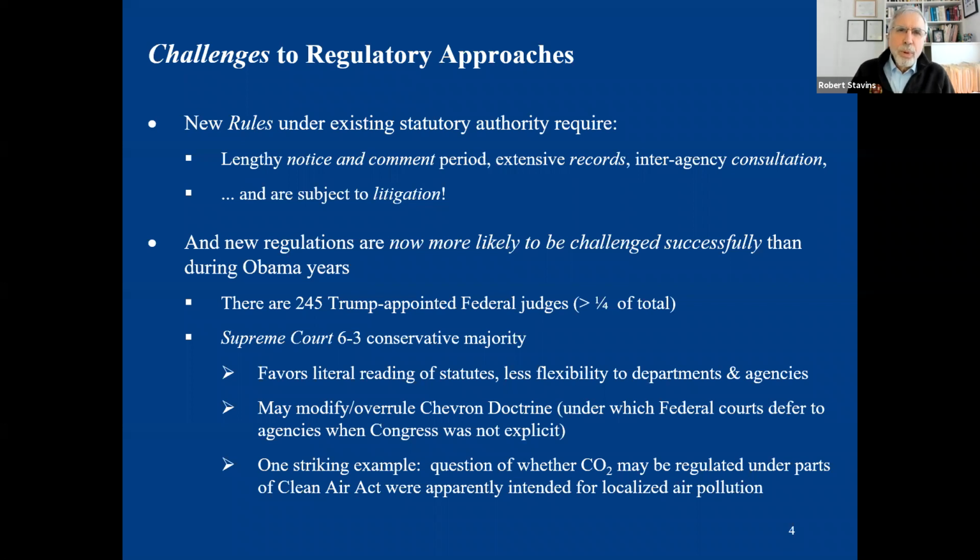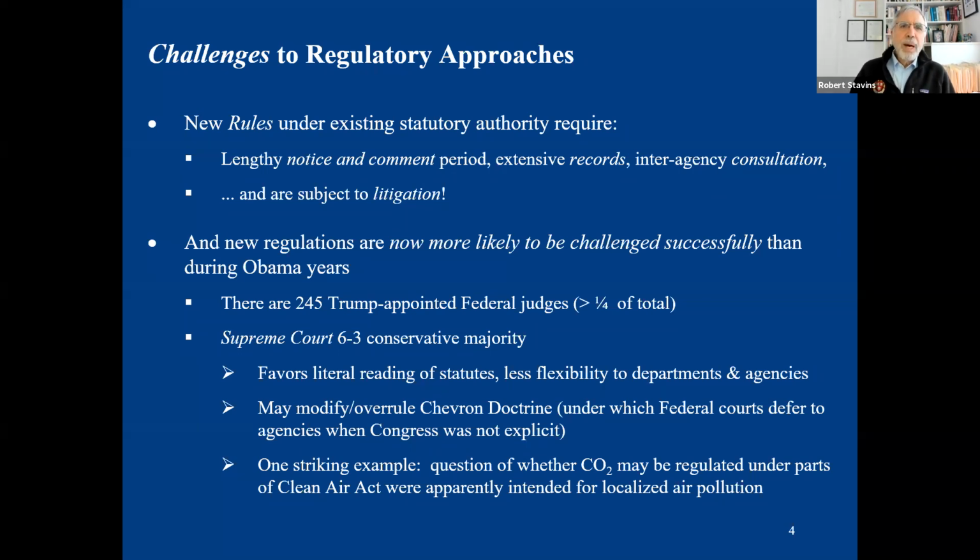And perhaps most important, because of the three conservative appointees from Mr. Trump to the Supreme Court, there's now a 6-3 conservative majority. And it's not just any kind of conservative majority. It's one that favors literal reading of statutes, much less flexibility given to departments and agencies.